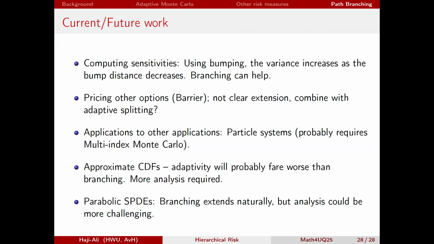But one will need more analysis to see, taking the limit as the number of points of discontinuity goes to infinity, how the variance in the functional approximation decays. And the extension to SPDEs is quite natural as well, but then the analysis is probably a challenge.